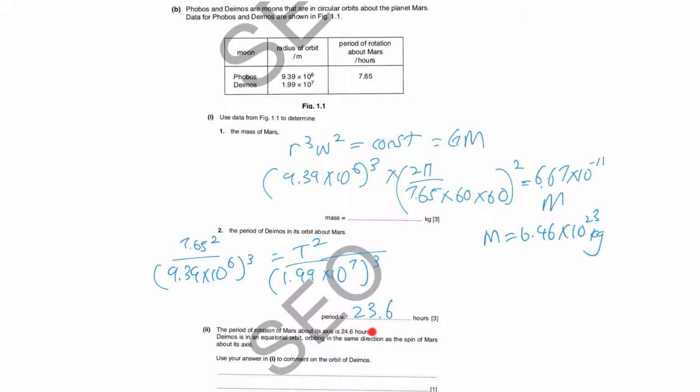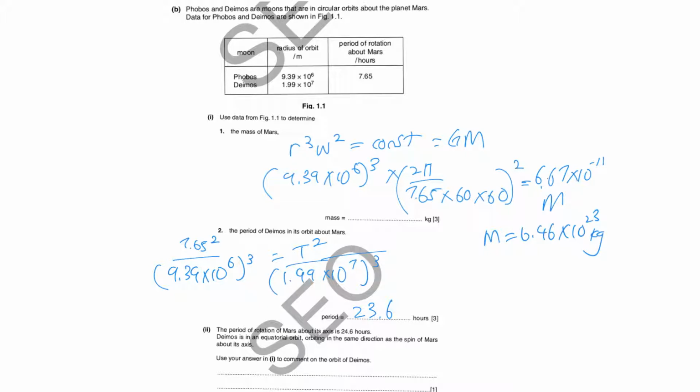They're not exactly the same, but quite similar. So there are two acceptable answers. Since this is quite similar and it does fulfill the other conditions, like equatorial orbit and orbiting in the same direction, you can say that Deimos is in an almost geostationary orbit around Mars.